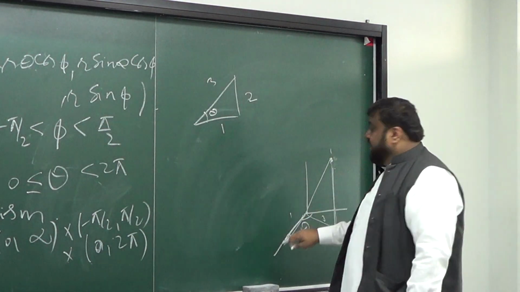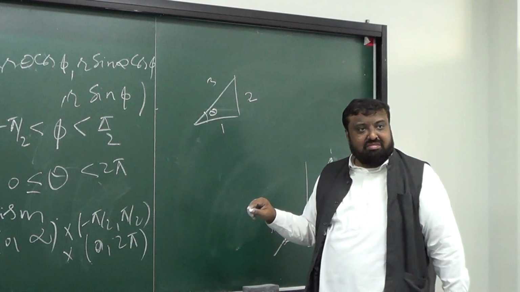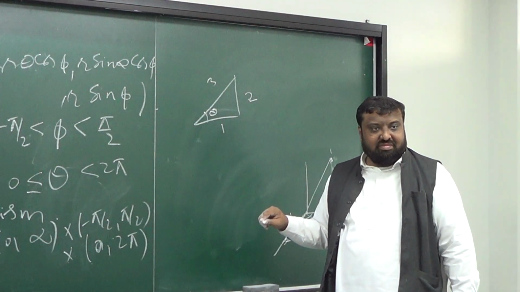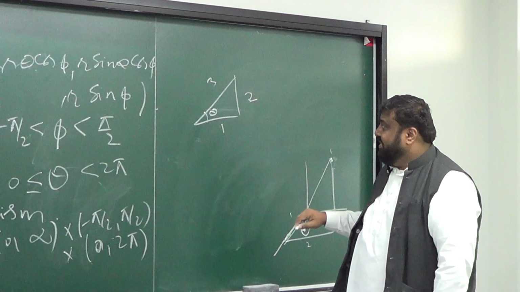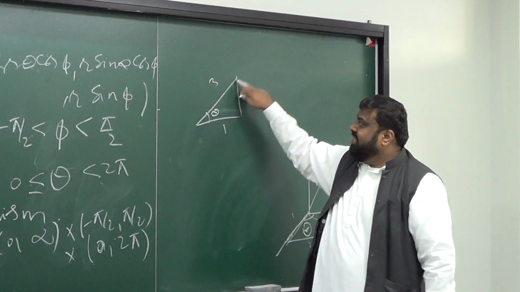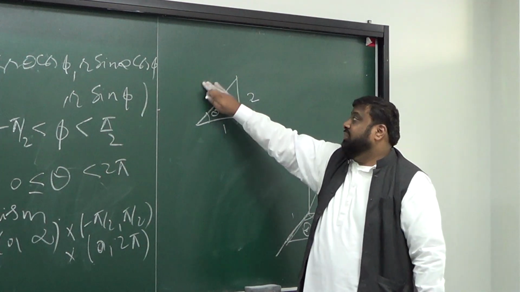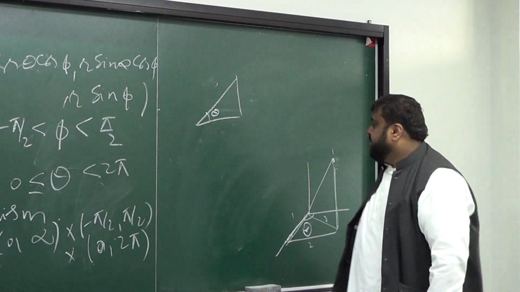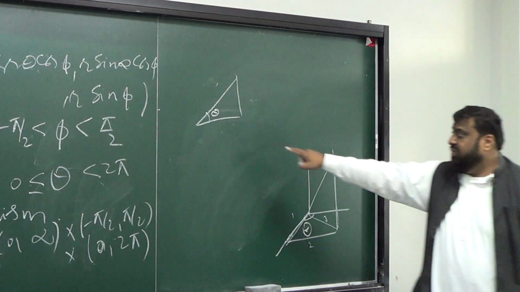Now this distance in rectangular coordinates is what? X. So if you want to find, for example, x, you need to find the hypotenuse of it. What would be this distance?